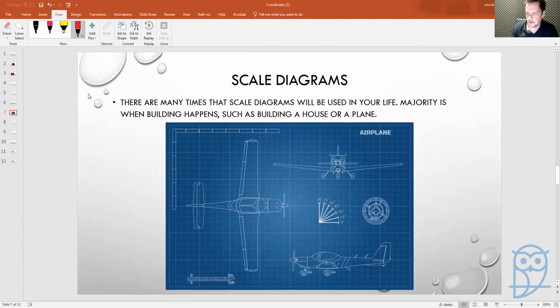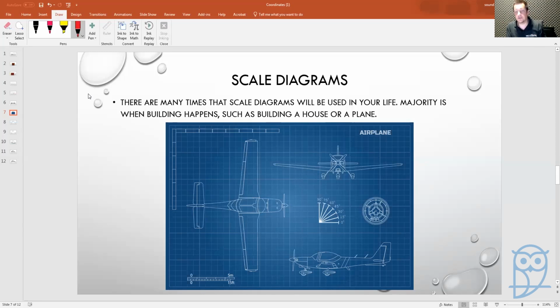All right. Now, the idea of scale diagrams is that sometimes you need to draw things, and the problem is that not everything can fit on a piece of paper in real life. If you think about an airplane, if you were to draw it according to its actual size, it is significantly bigger than, for example, a normal A4 page.